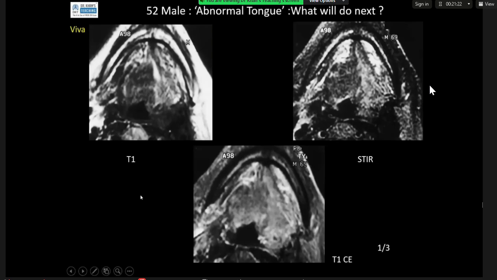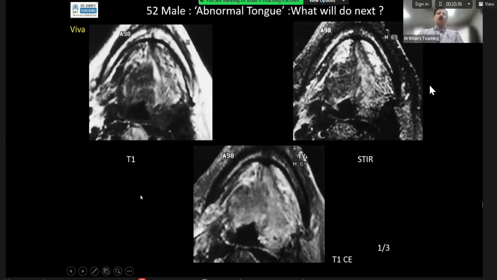And we can see that there's an area of increased signal intensity within the left side of the tongue muscles, and on STIR imaging it demonstrates high signal intensity, and on the post-contrast study there's no particular enhancement that I can appreciate, though it does look symmetrical, and given that it's high T1 signal on that side of the tongue, it makes me concerned that there is a hypoglossal nerve lesion on the affected side, which would give you muscle atrophy of the tongue and denervation.